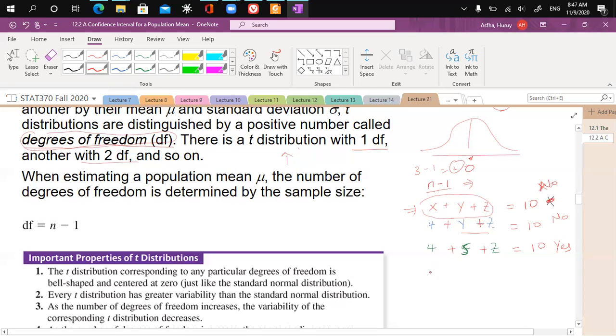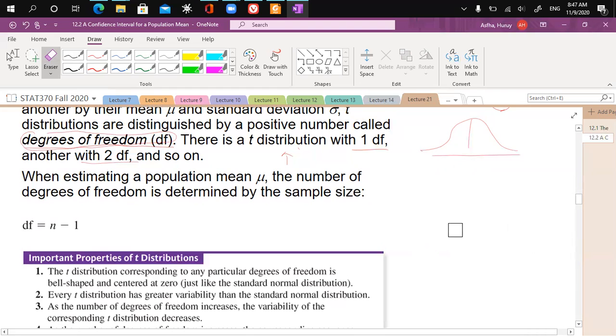Therefore, when n minus 1 of the variables are known, we can find a unique solution to this one, and this has a somewhat similar idea to the t distribution. All right, and one thing that I would like to do here is show you how to find the critical value using the t distribution, but before that, let's look at the properties of it.